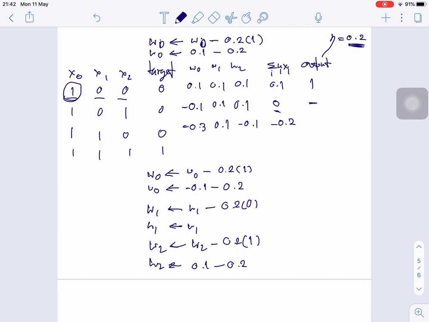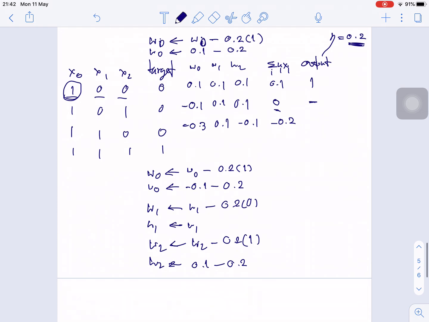So maybe you can mark it like, okay, we don't like this kind of output for the second one. For the third one, this one will be 0. That's correct. So if it's correct, just leave it like that. Then you can go to the next step. Okay, guys, let's go back to our computer and I'll show you in the spreadsheet how we can train the perceptron in this case.